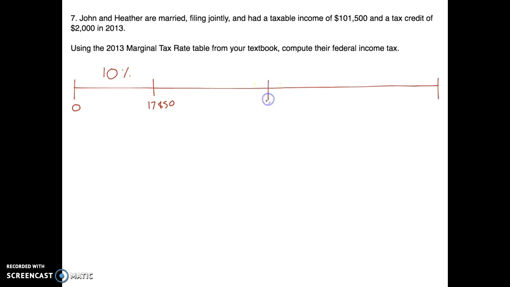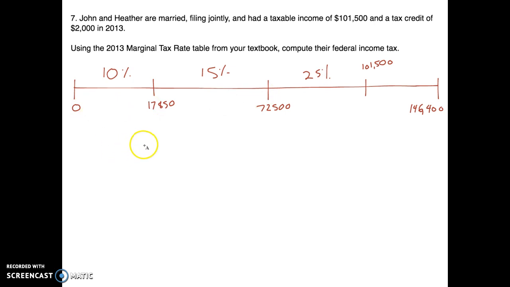And then the next cutoff is 72,500. And here's the 15%. And then the next one is 146,400. So we're going to be in here somewhere with the 101,500. And again, we're going to pay 25% of this.